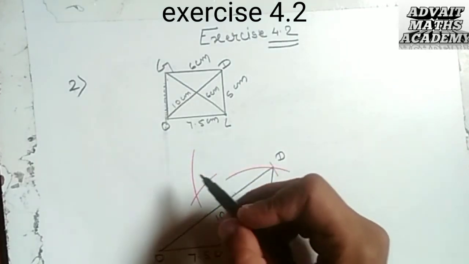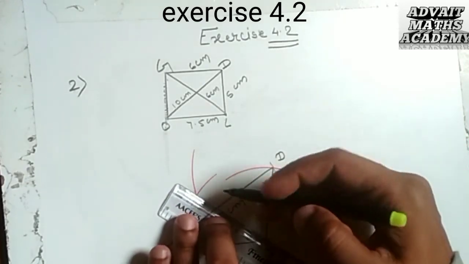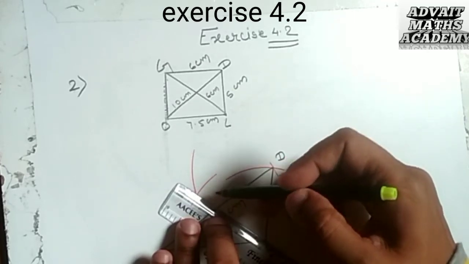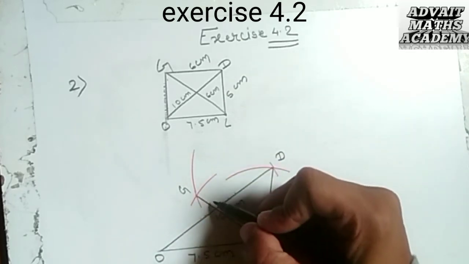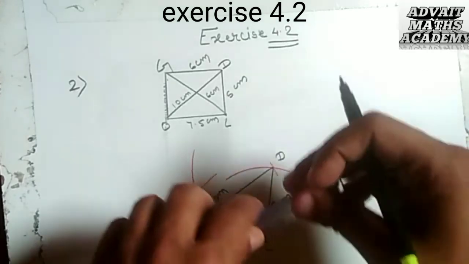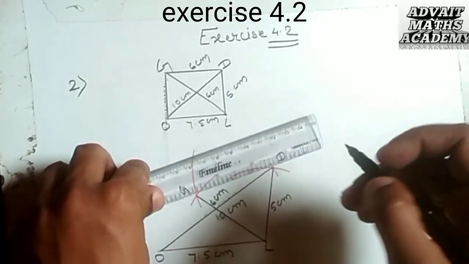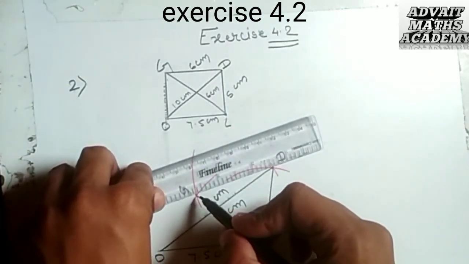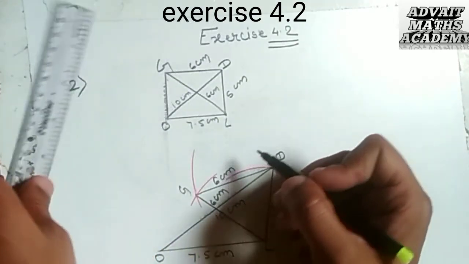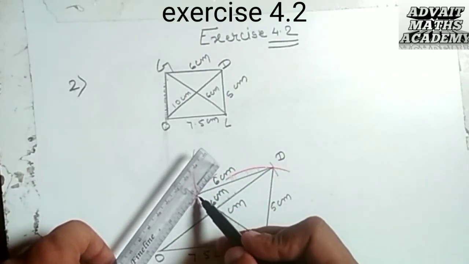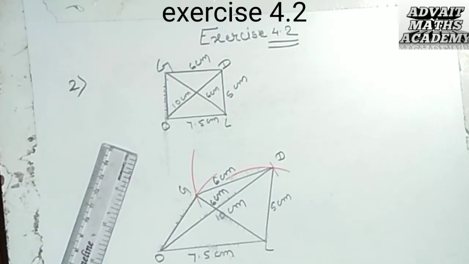This intersection is point G. Draw with the help of ruler. Join GL, 6 centimeter, and GD is also 6 centimeter. And join OG. See, this is the second figure.